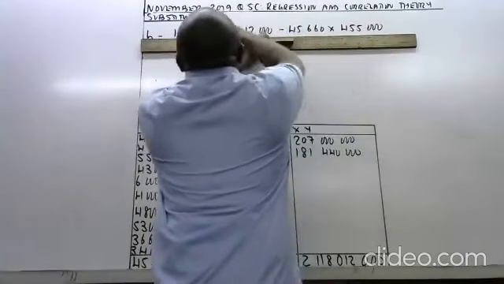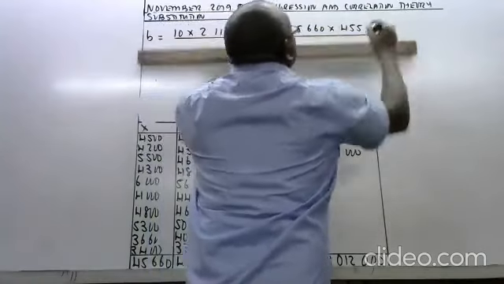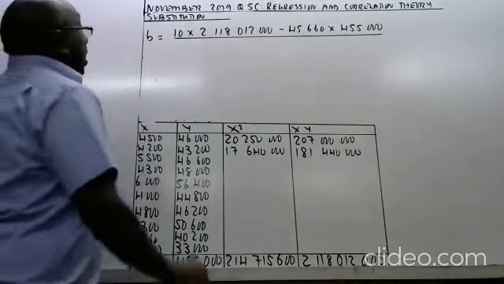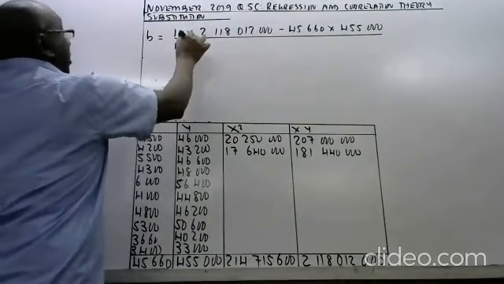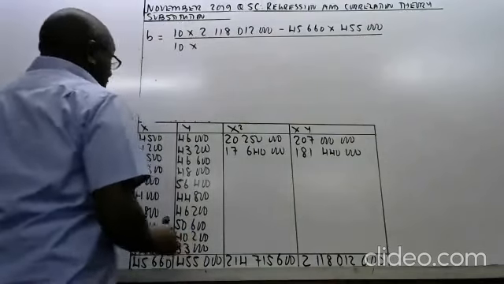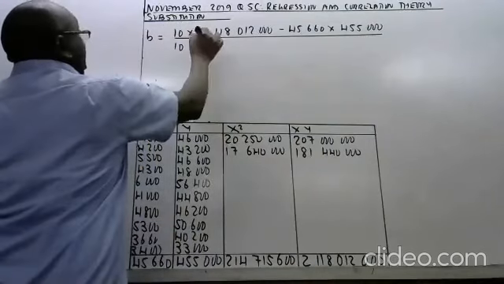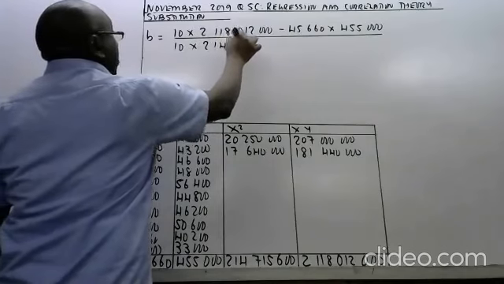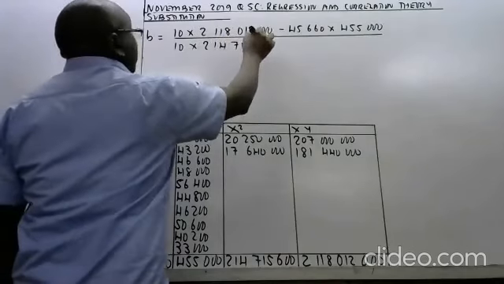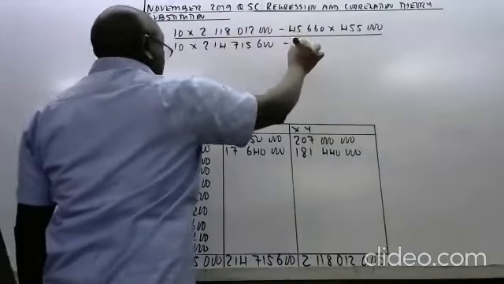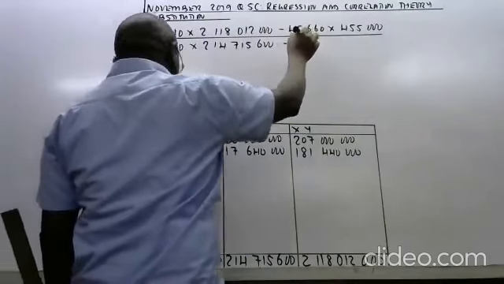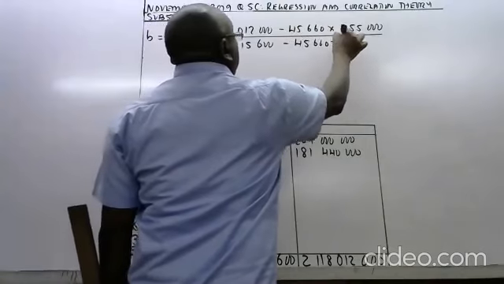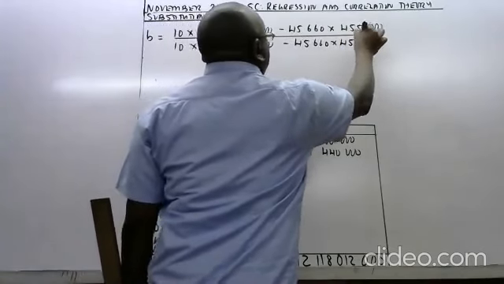You divide all this by 10 times sum of x squared, that is 214,715,600, minus sum of x, squared, 45,660 times 45,660.